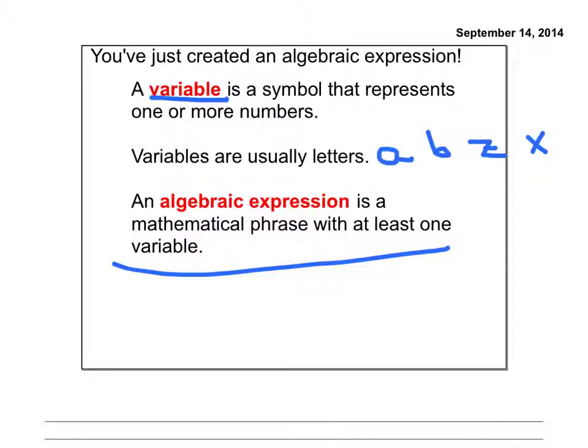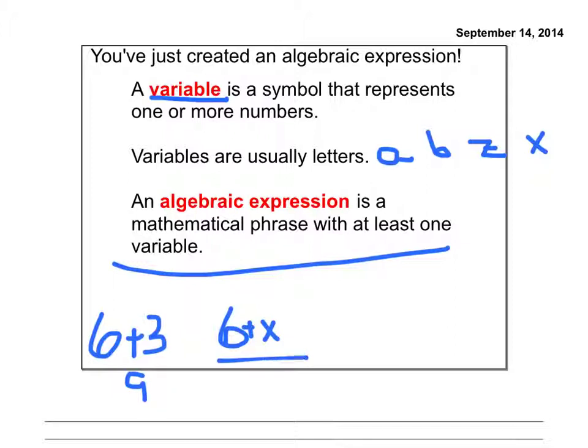Now, what's the difference between an algebraic expression and an arithmetic expression? You're used to 6 plus 3, and when you simplify that, you get 9. That's an arithmetic expression. When you replace the 3 with an X, you've got an algebraic expression.